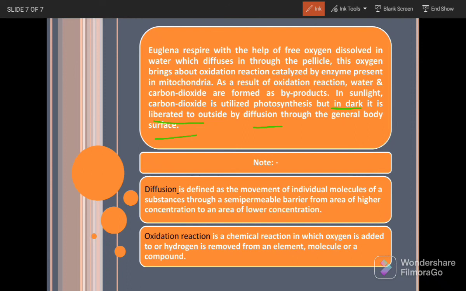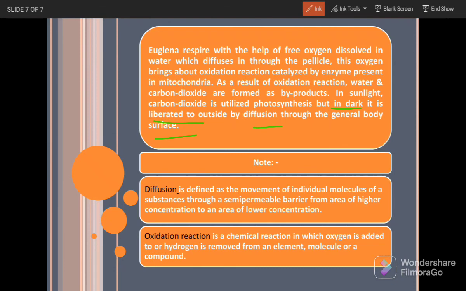Diffusion here is again from higher to lower concentration through a semi-permeable membrane. In the sunlight, Euglena uses carbon dioxide for photosynthesis, and oxygen is generated as a byproduct. In the presence of sunlight, it is holophytic or autotrophic.